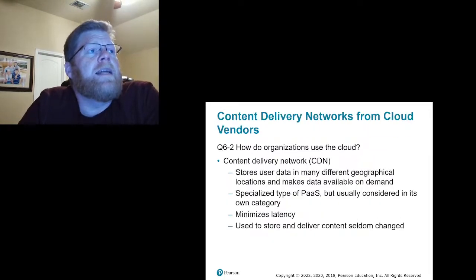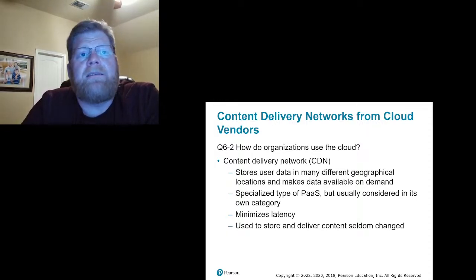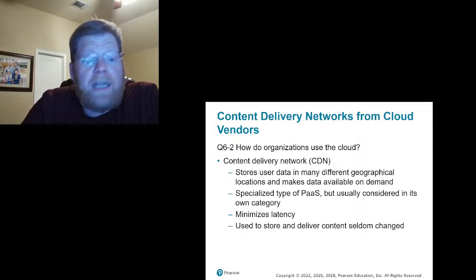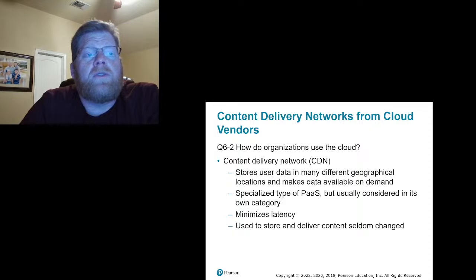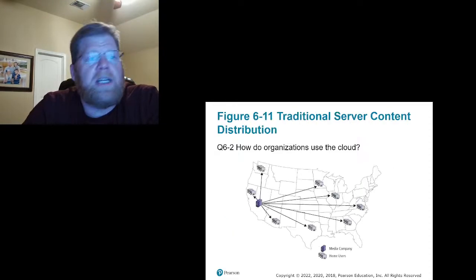Okay, now content delivery networks. Stores use data in many different geographical locations and make data available on demand. That's awesome. Okay, used to, it took time. Right now, this minimizes latency, and it's used to store and deliver content seldom changed. So here is a great representation for media company and home users.